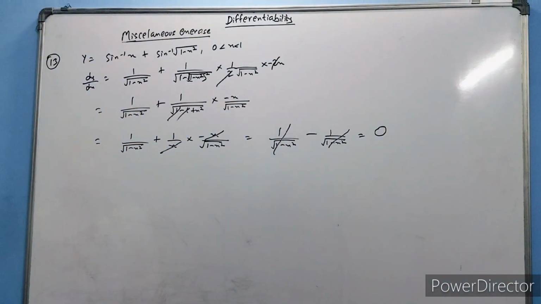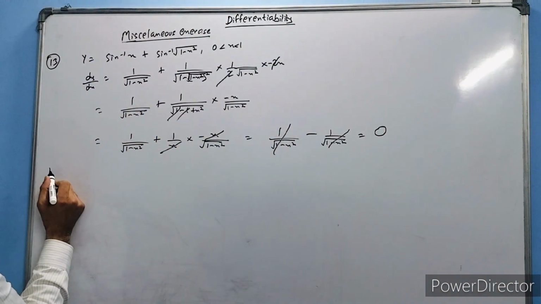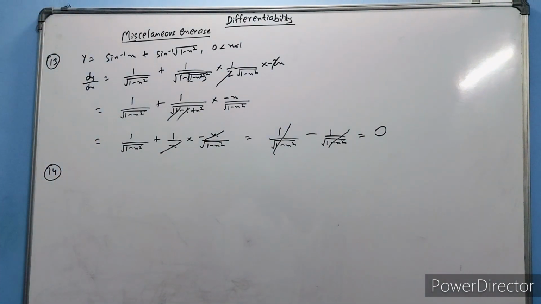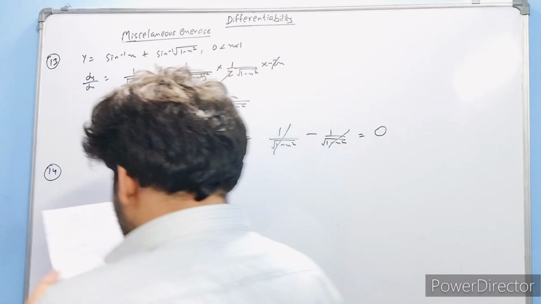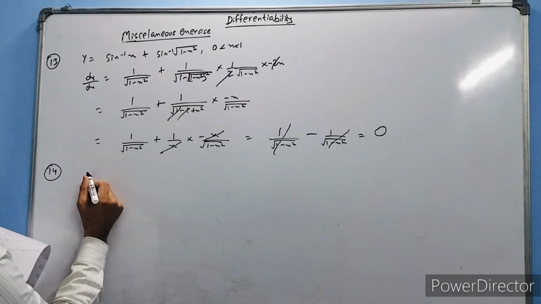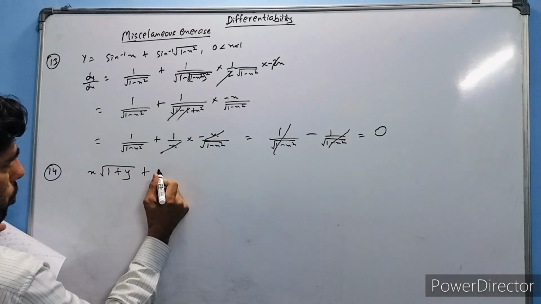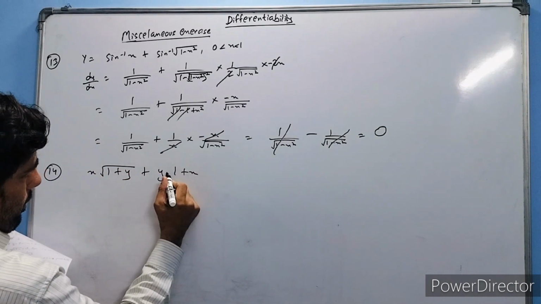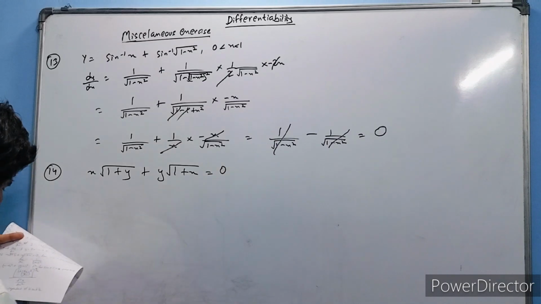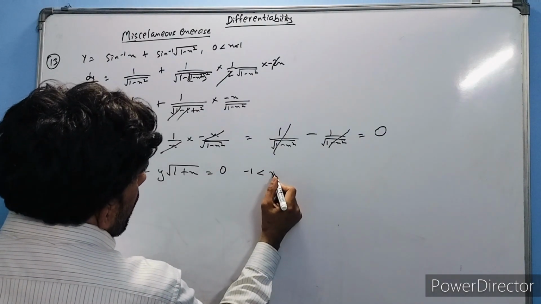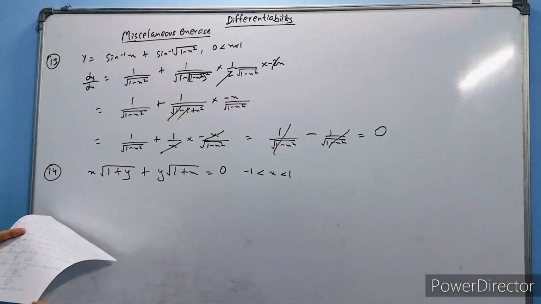Now let us try to solve the 14th question. We have just solved the 13th. They have given x into square root of 1 plus y, plus y into square root of 1 plus x, is equal to 0, and x lies between minus 1 and 1.